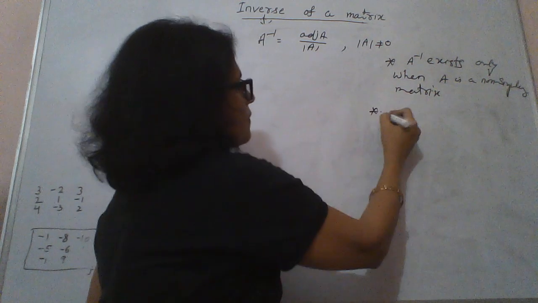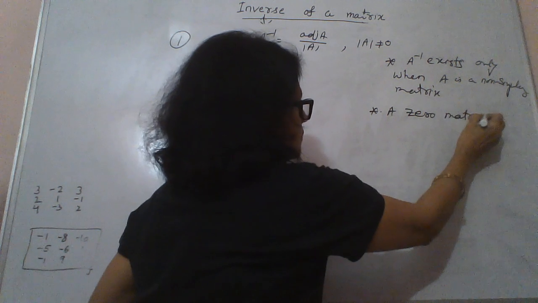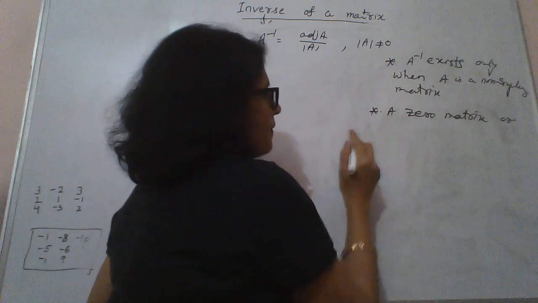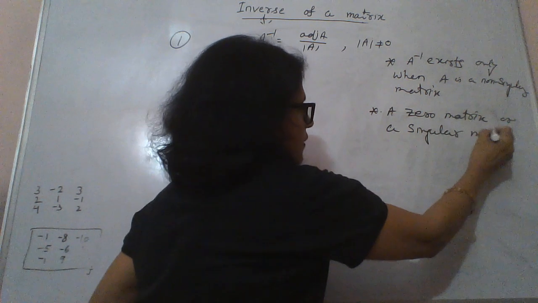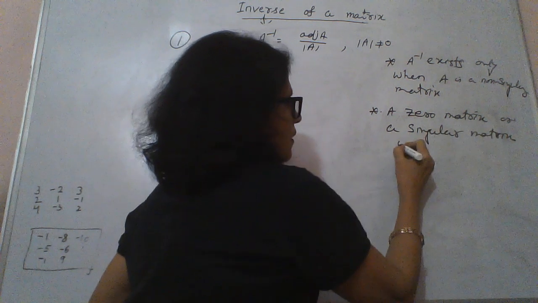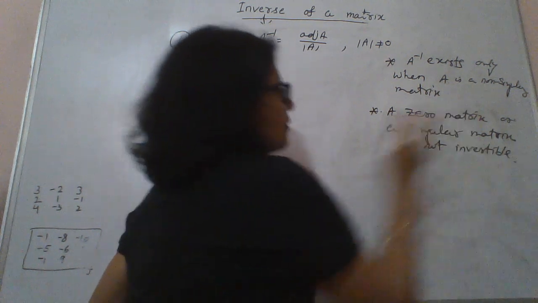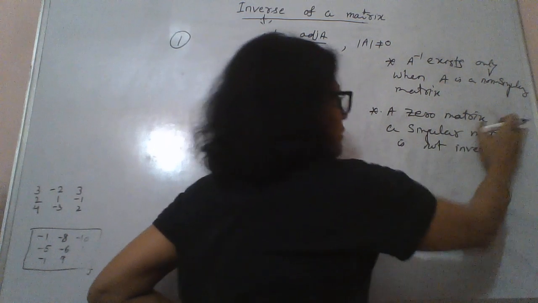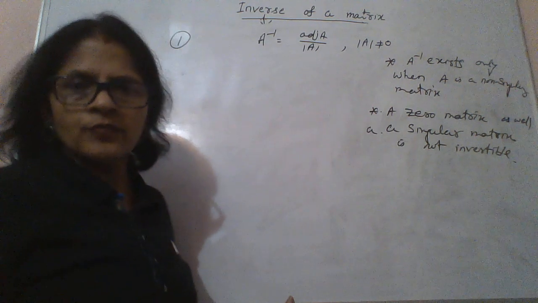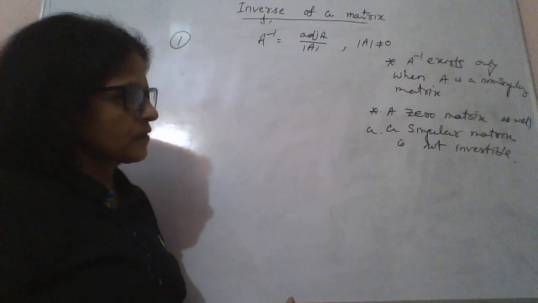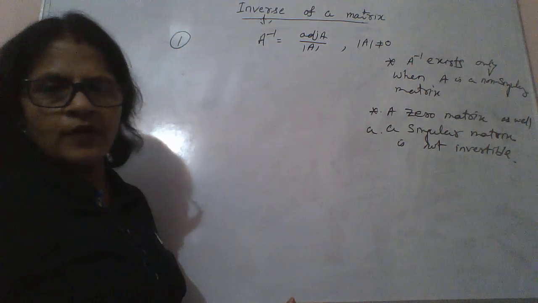Second case: a zero matrix, or a singular matrix, is not invertible. A zero matrix is the matrix whose elements are all zeros, so obviously it will be a singular matrix.